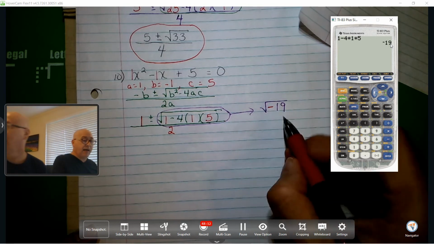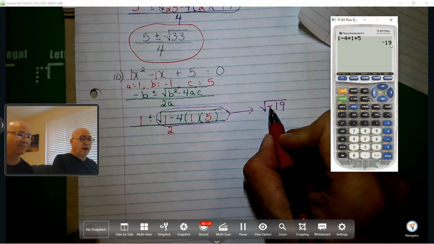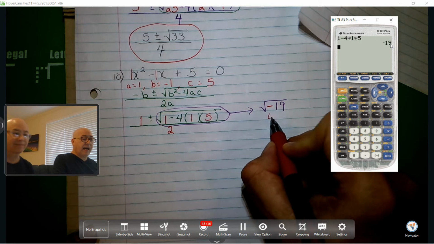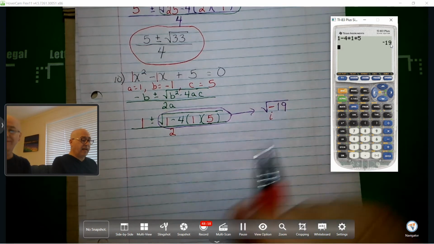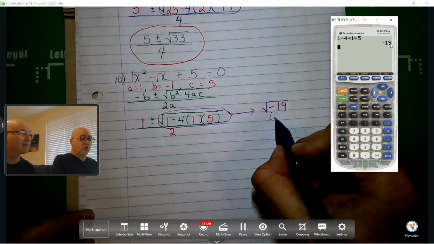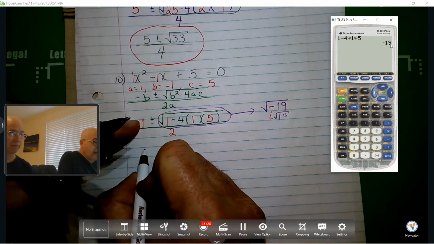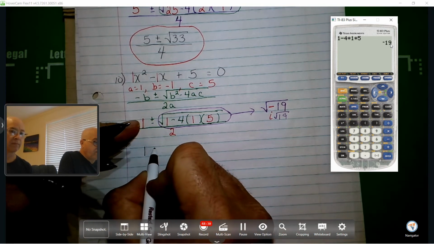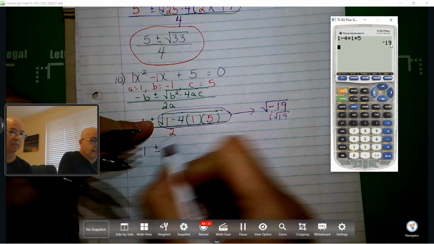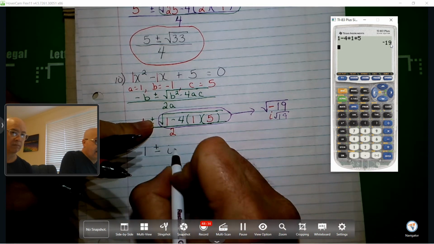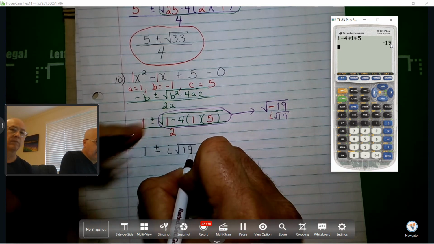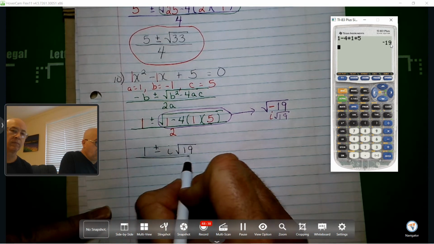We can do one thing here. We can rewrite that square root of a negative with an i. So we have i square root of 19. Okay, this one's going to fall out pretty easily. We have a 1, plus minus i square root of 19, all over 2.